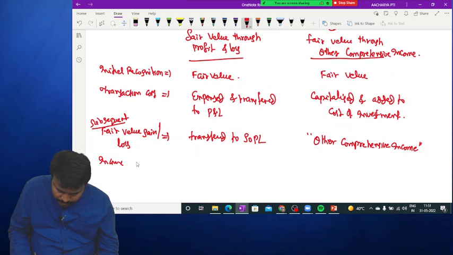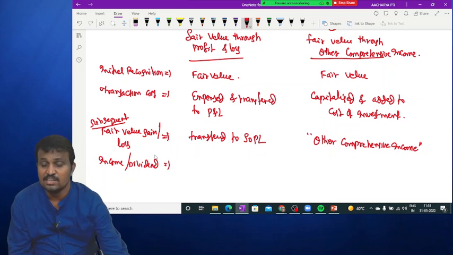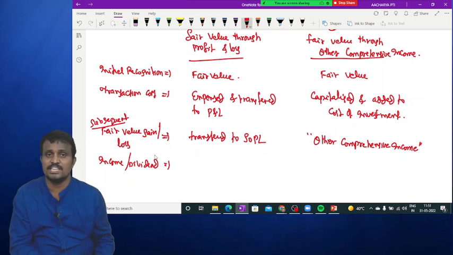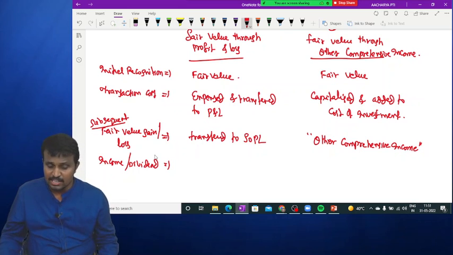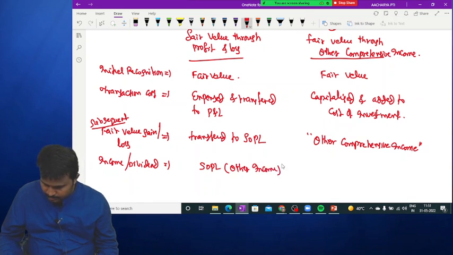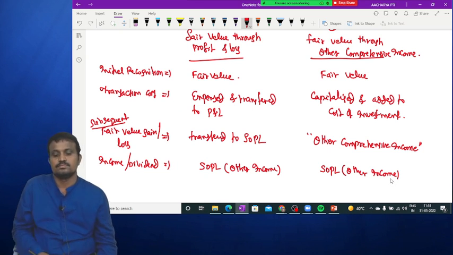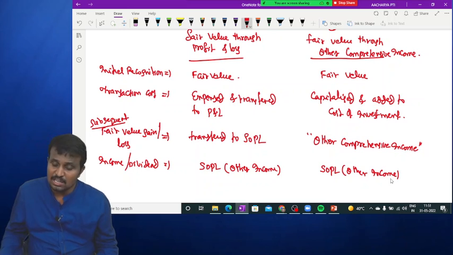And one more thing is income. That is nothing but what? Dividend. Because in case of an equity instrument, the corresponding company may provide a dividend, right? When the dividend is received, that is always transferred to the statement of profit and loss, as other income.